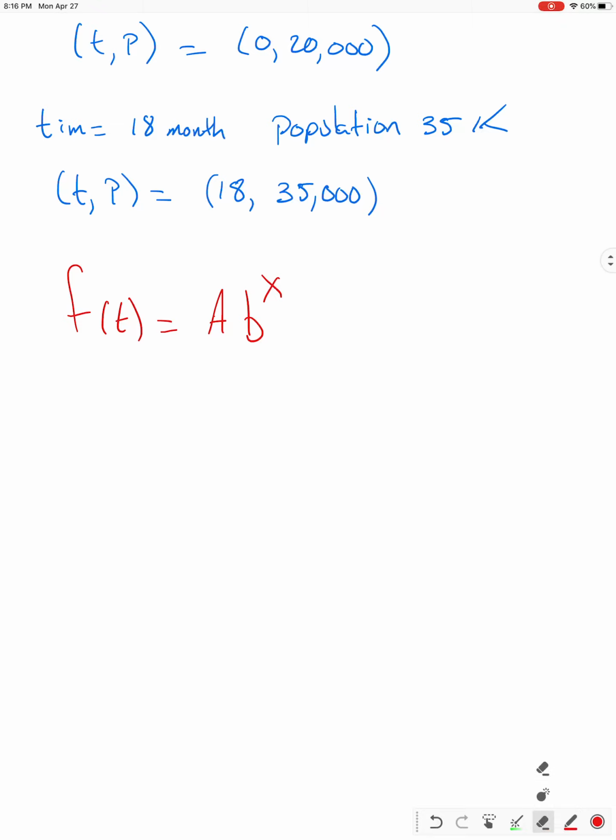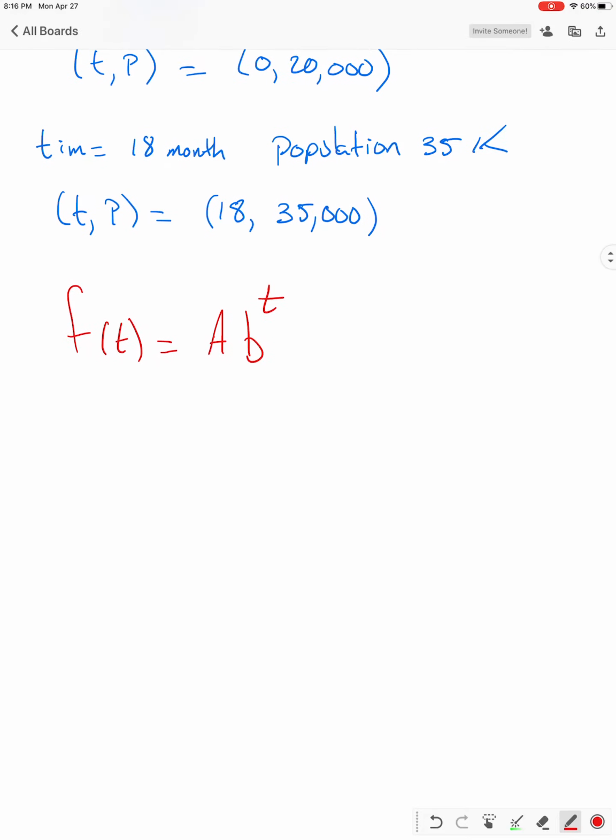I should keep my notation consistent here. I'm using t, so a b, not to the x, but to the t. In the context of a population, I'm going to write this as population equals a times b raised to the t.